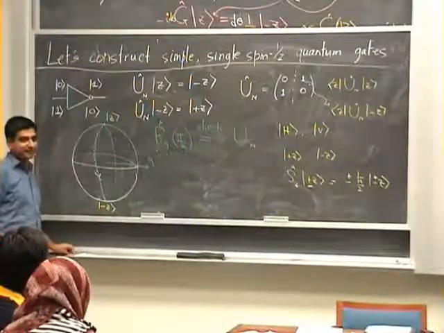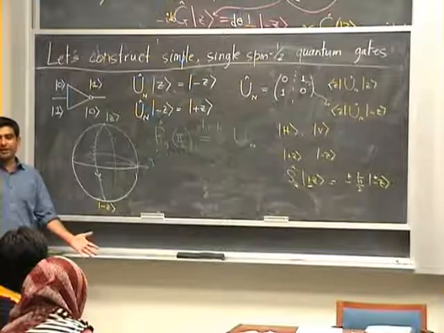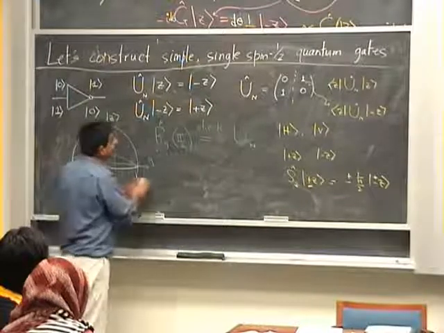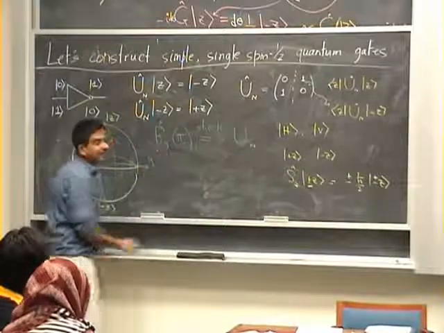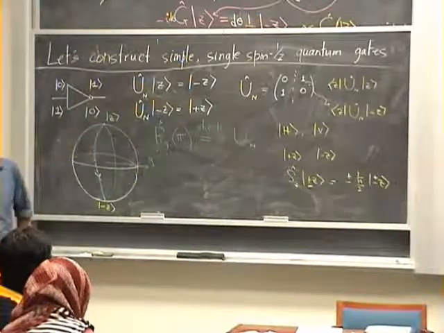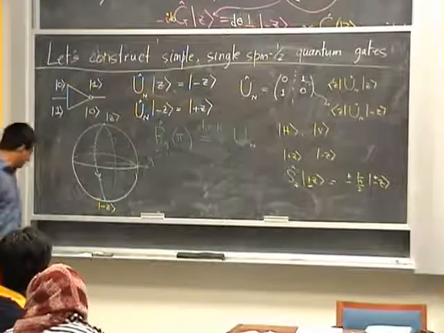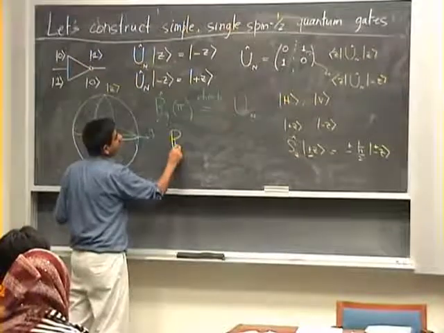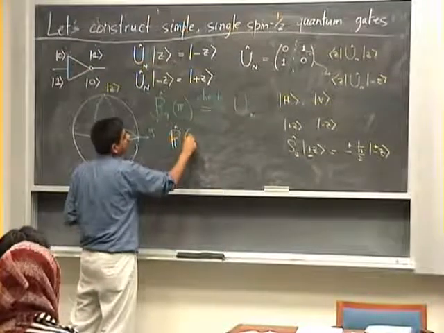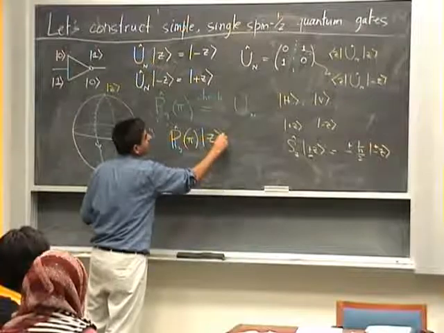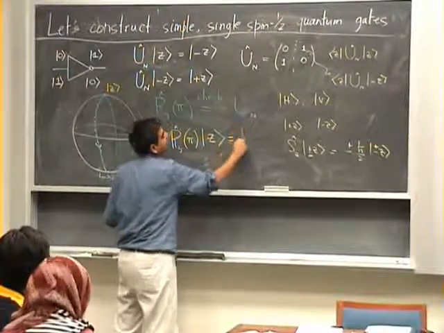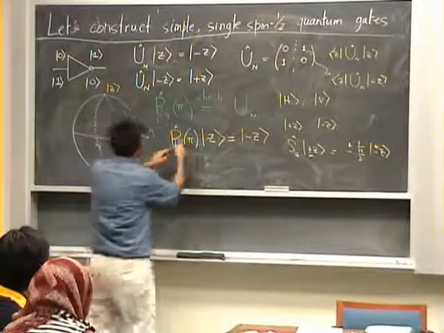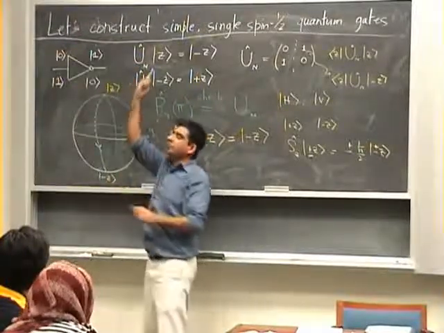The proposal is that this rotation through 180 degrees about the y-axis qualifies as a NOT gate. So when Ry through pi acts on plus z, you get minus z. Rotation through 180 degrees, you start at plus z, you go to minus z.